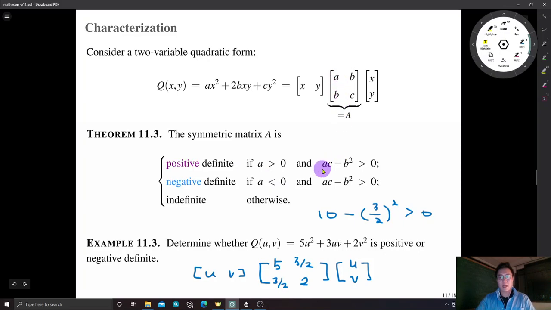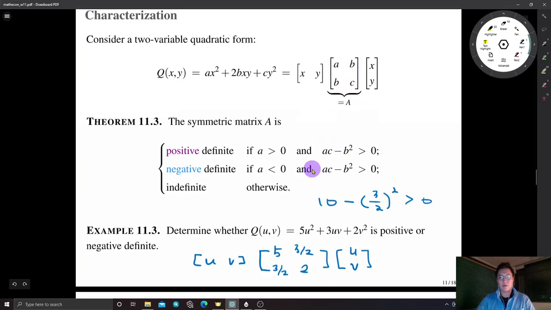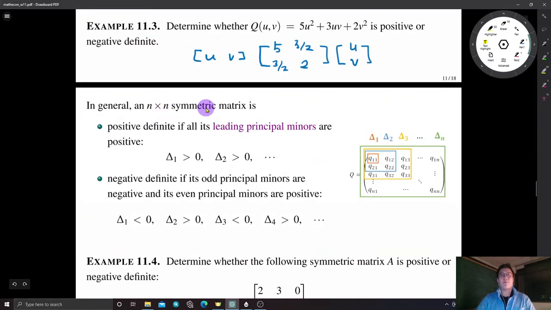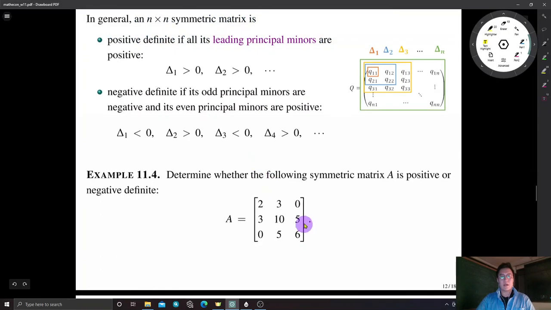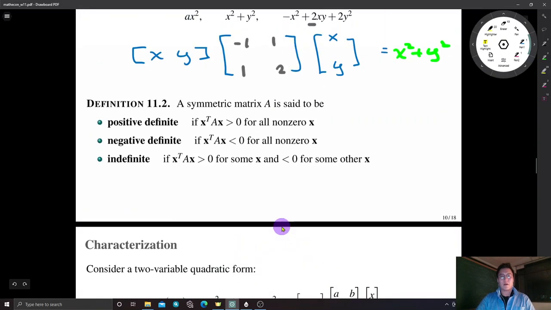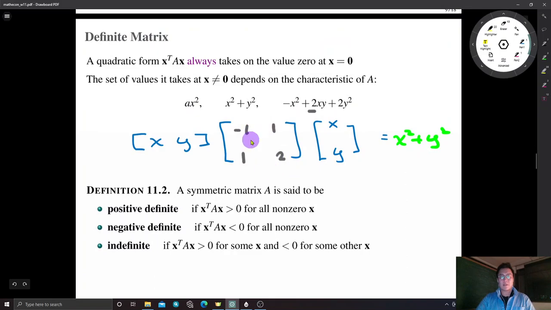Then AC minus B squared, this quantity, is the determinant of this 2 by 2. So if we have an n by n matrix, say, this 3 by 3 matrix, how do we know the quadratic form associated with this matrix? Remember, one symmetric matrix gives us one quadratic form.